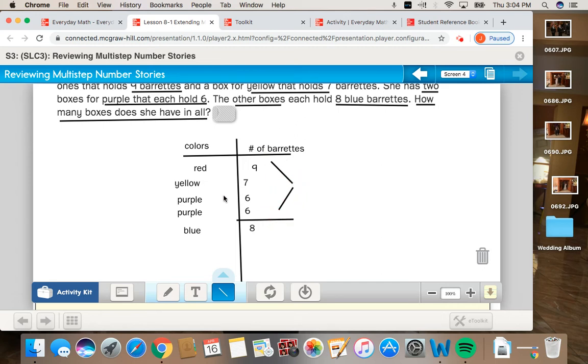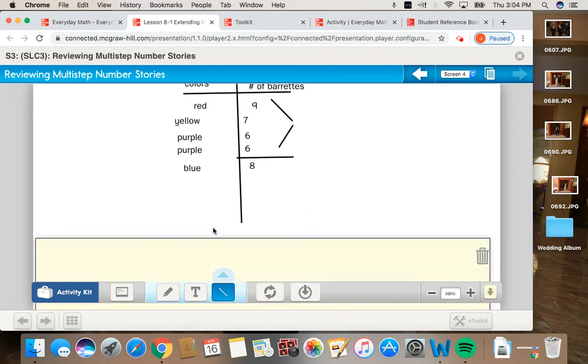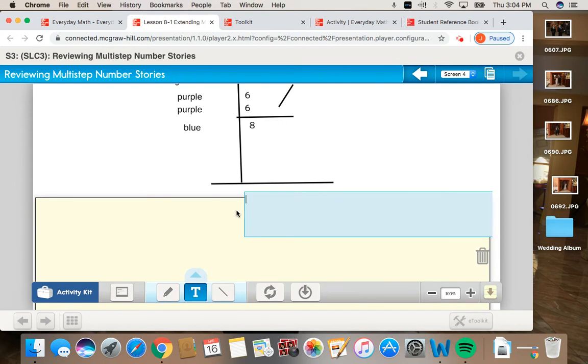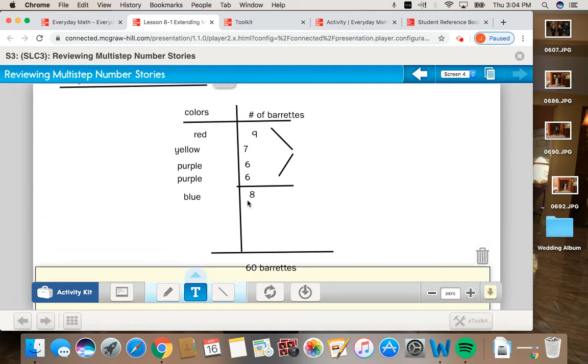Can you remember how many barrettes she had all together? 60 barrettes. So my numbers need to add up to 60. I don't know how many 8s I need under here, but I do know that all these numbers need to add up to 60.